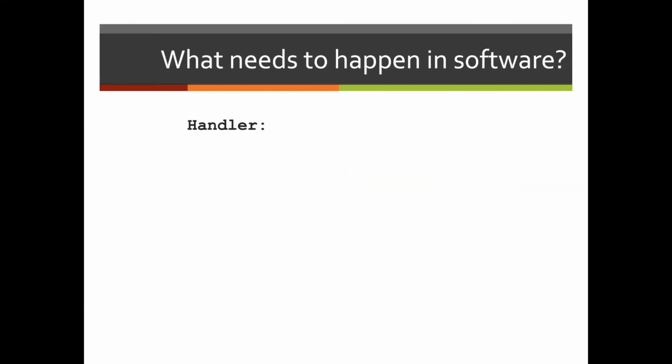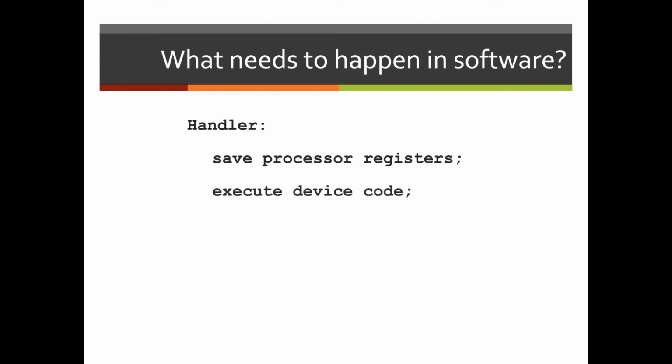So how can we account for this within software? What exactly do we need to include? So we'll want to make sure that our handler is able to save the appropriate processor registers. It'll need to execute the device code. It will need to restore processor registers.